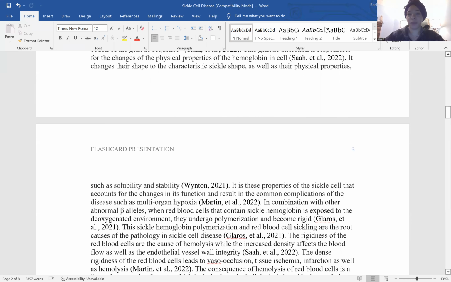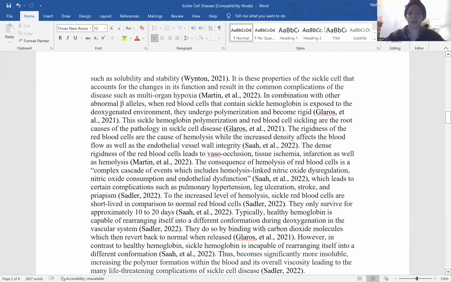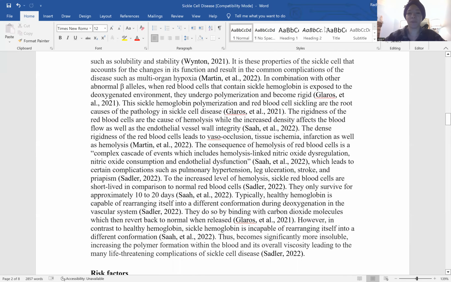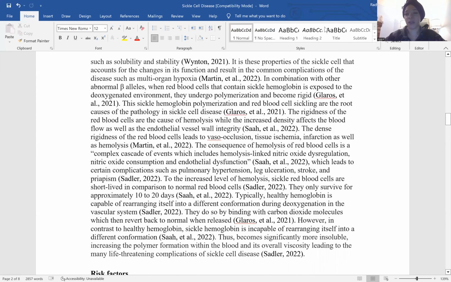It changes their shape to the characteristic sickle shape, as well as their physical properties, such as solubility and stability. It is these properties of the sickle cell that account for the changes in its function and result in common complications of the disease, such as multi-organ hypoxia.